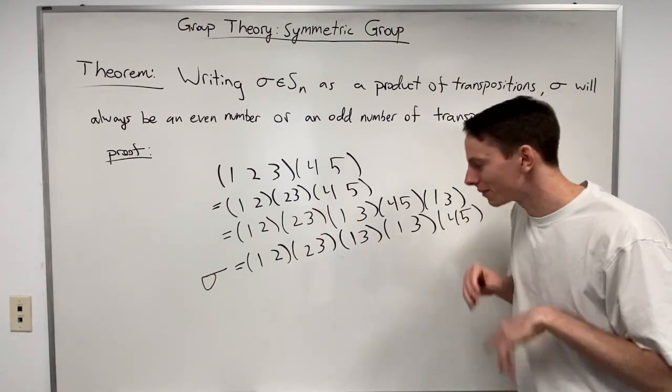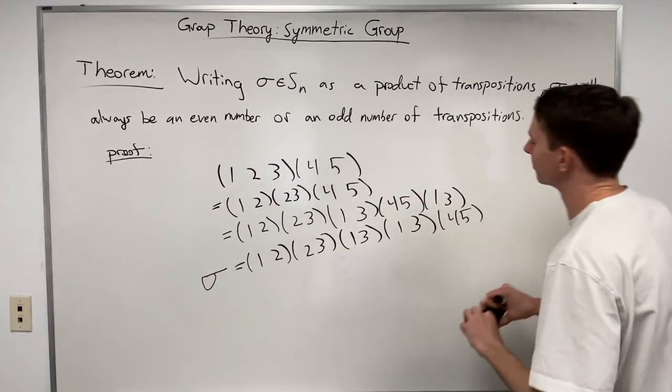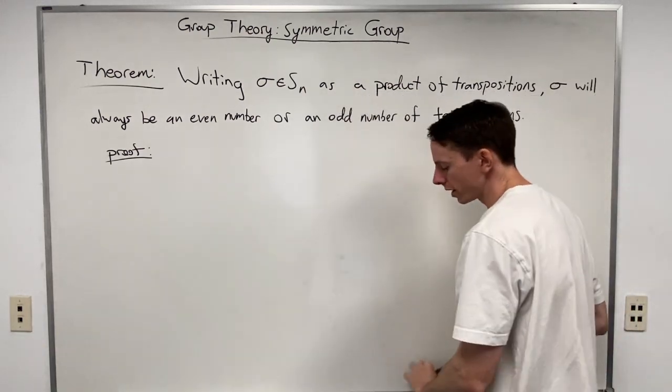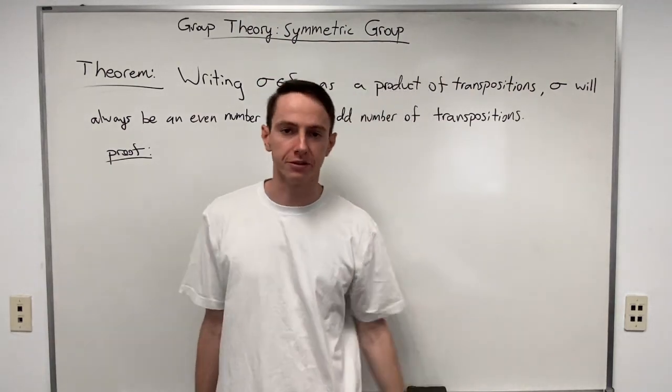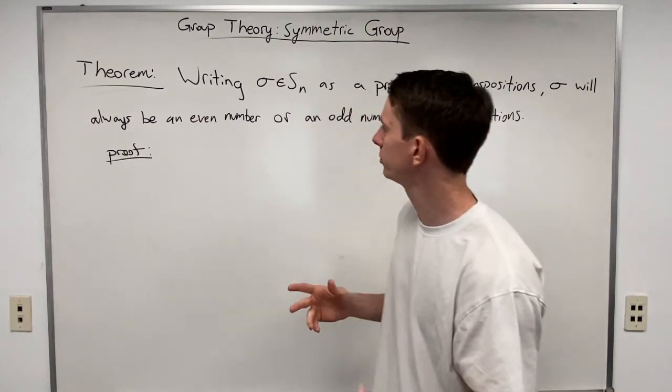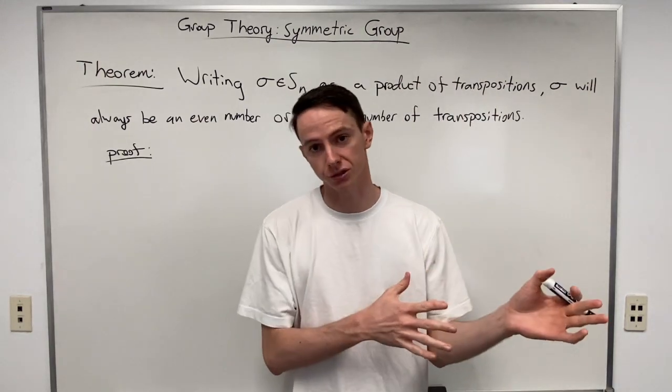Now, why am I saying all this? Well, the point is that there are multiple ways, and this is not the only type of example, but there are multiple ways that we can write a permutation as a product of transpositions.